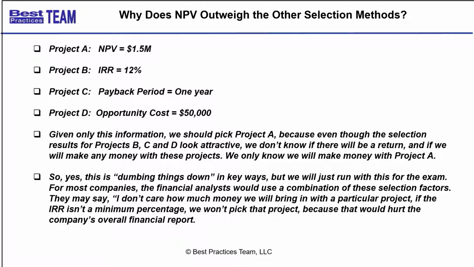We could have a very high net present value on a particular project, but we wouldn't choose that unless we knew also that the internal rate of return, the interest rate that project would be returning, was in line with what they expected for any of their investments. If it didn't make a certain minimum interest rate, the company wouldn't be going after that. So they're going to factor in internal rate of return with net present value, with payback period, and probably all these different things.